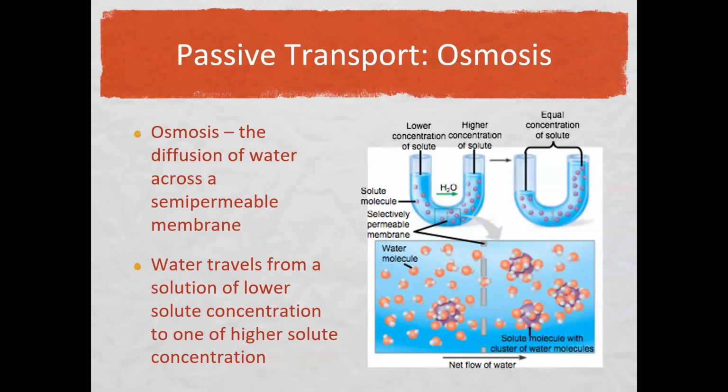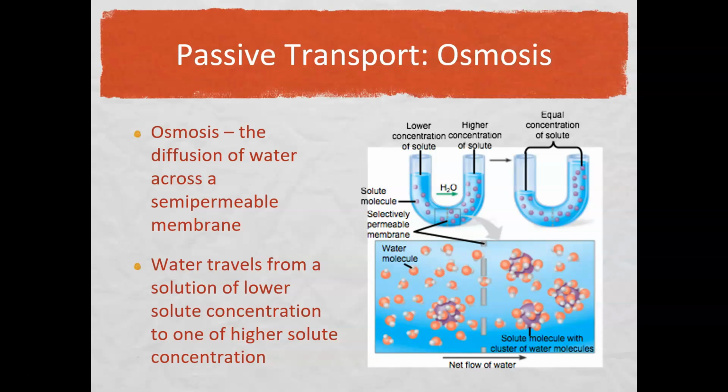So the water is still going to travel from where there's lots and lots of water to where there's not so much water. But unfortunately, for whatever reason, science has decided that we're going to define certain terms for how we discuss osmosis based on the solute concentration instead.